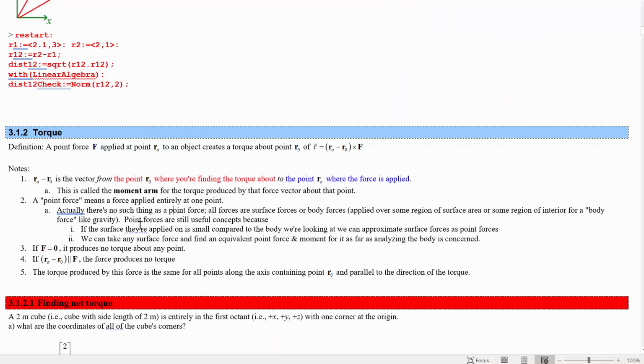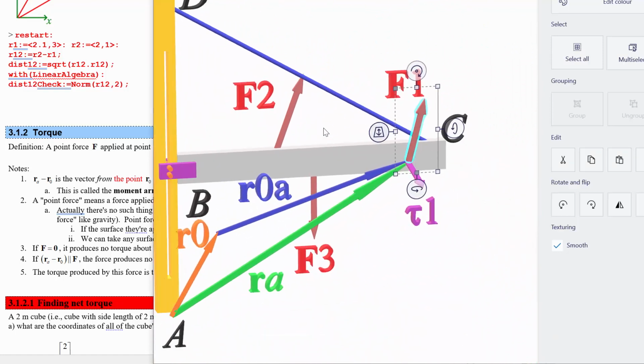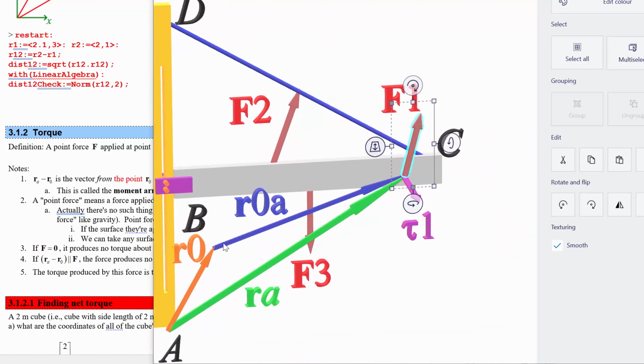within the object. If the force is equal to 0, it's going to produce no torque, because then this cross product would be 0 because one of the vectors has no length. If, similarly, the moment arm is parallel to the force, it produces no torque. What does that mean? That is if this moment arm is parallel to this.